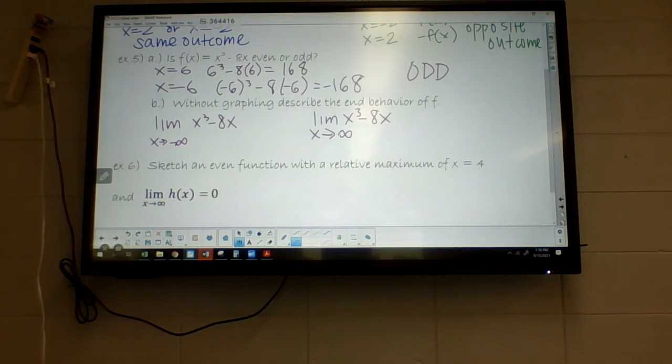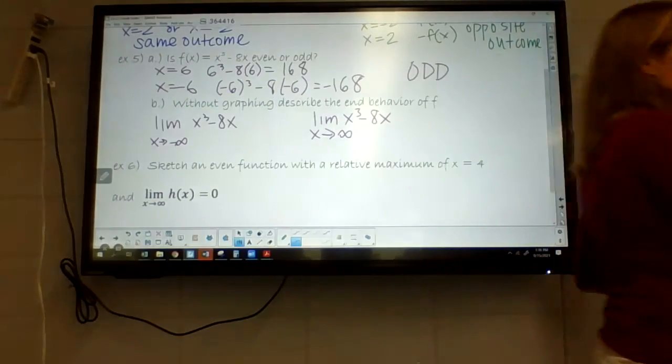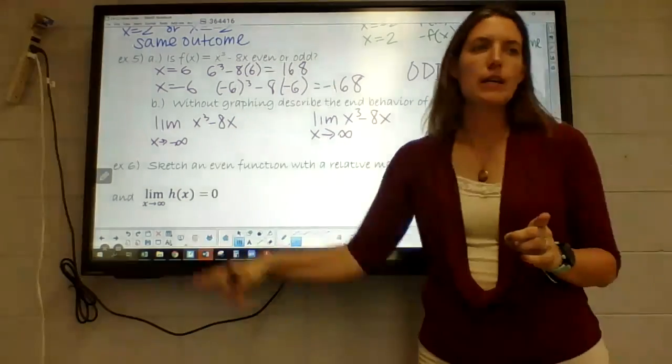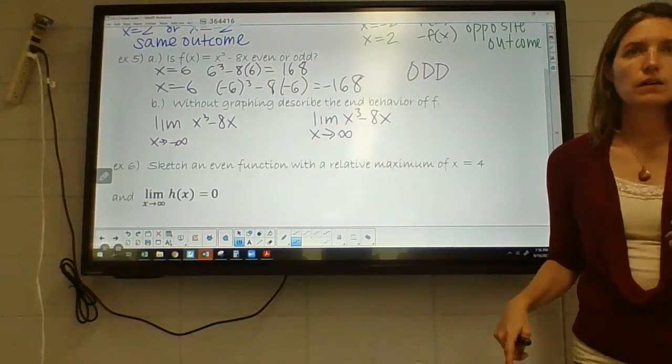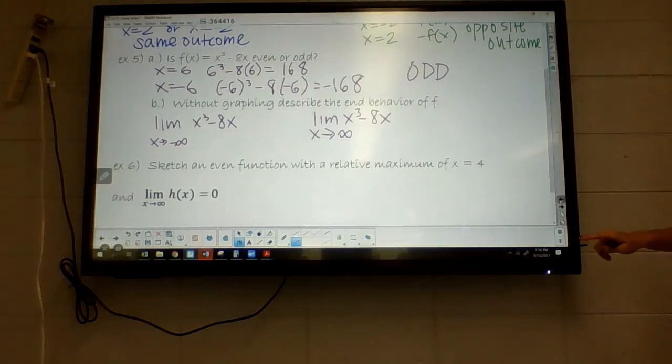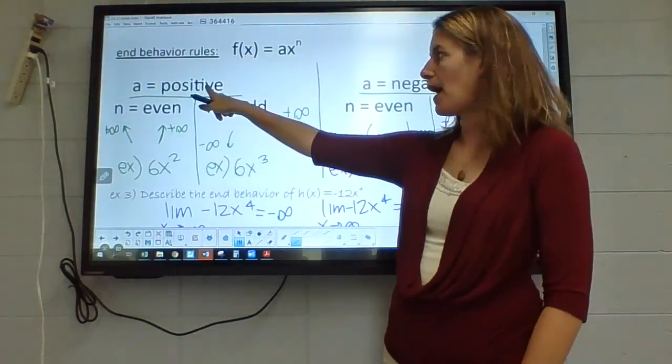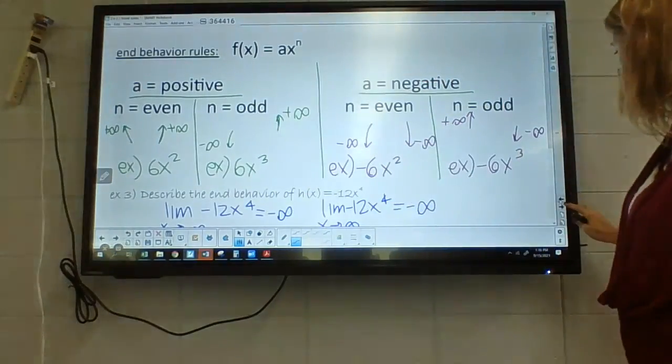What's the a value, the coefficient? It's 1, so it's positive. So we're on the right side of our table. We're a positive a value, and our exponent is odd. So we're positive and odd.